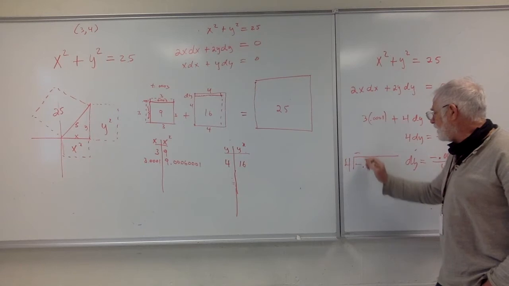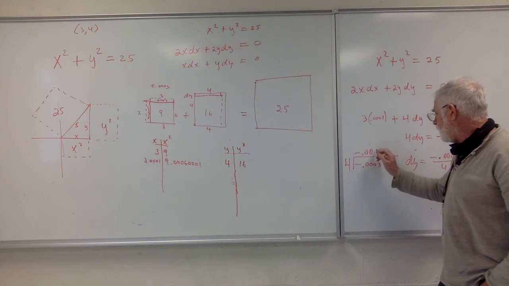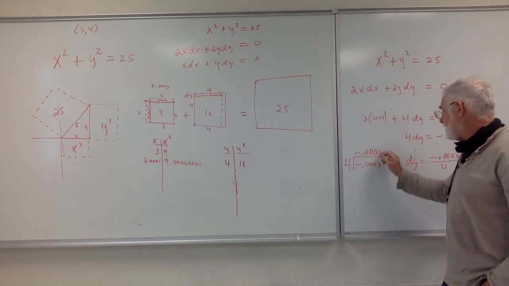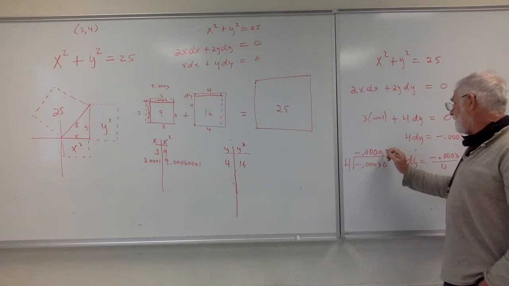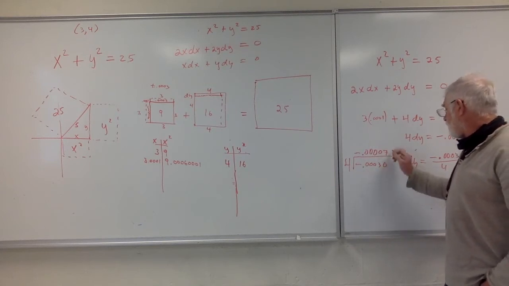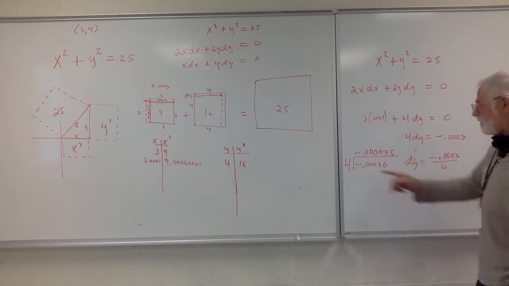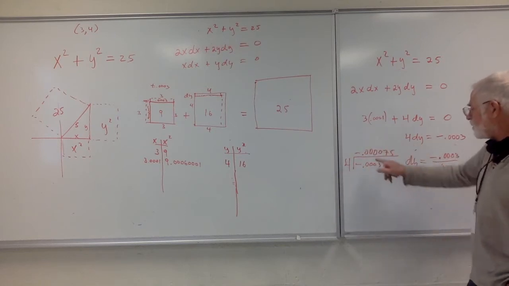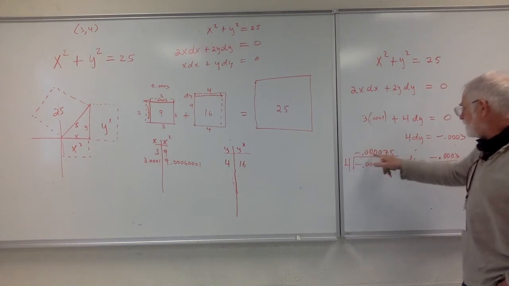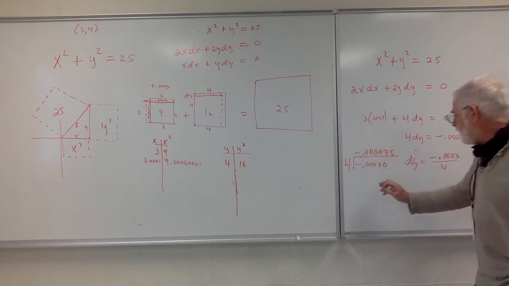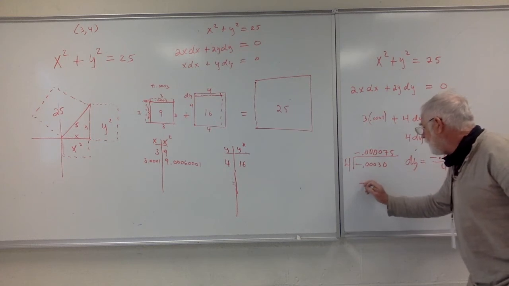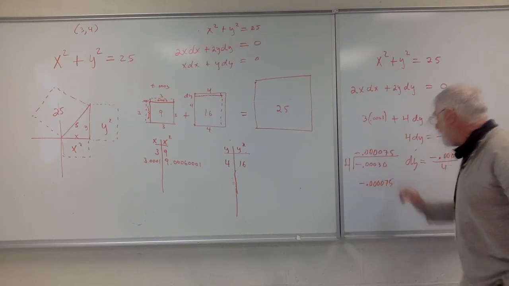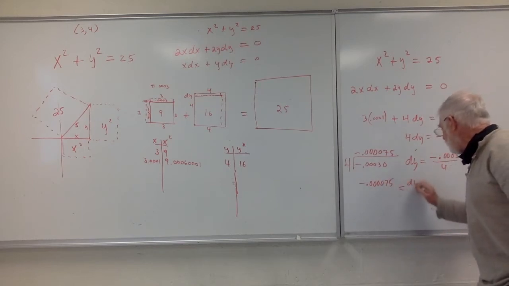We end up with minus 0.0000, add another one, 7, 5, right? 4 goes into 30, right? 7 times 4, 28, half of 4 gets you to 30. So minus 0.000075. Now, that's your dy, minus 0.000075. That's equal to dy.